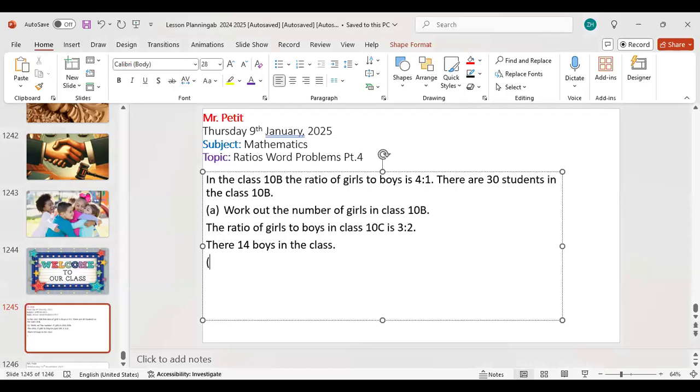Part B I: work out the number of girls in class 10C. And then it's going to be B.